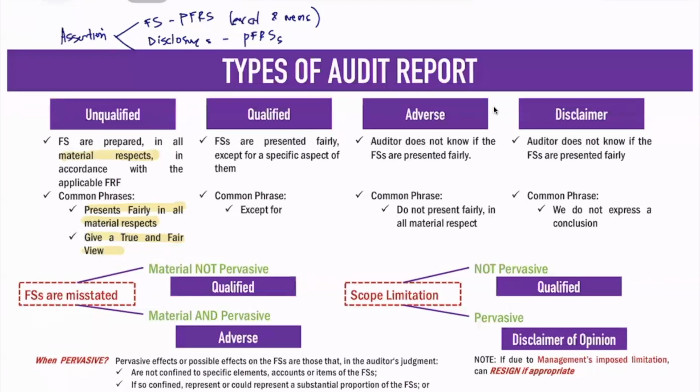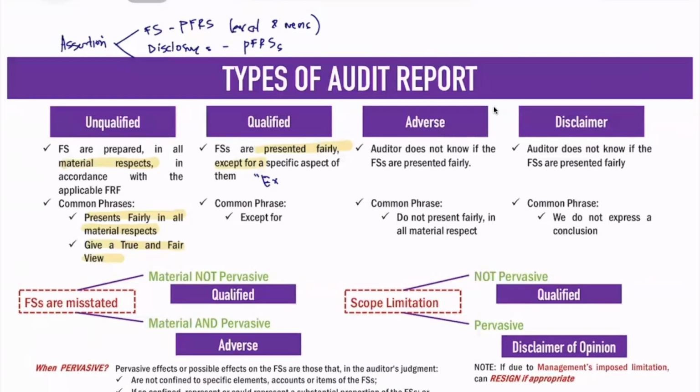Now, how about if it is qualified? It is qualified if the FS are presented fairly except for. So if you see an except for phrase, it means that the audit report is a qualified audit report. It is qualified because of something that is except for. Normally, that except for is not considered pervasive.